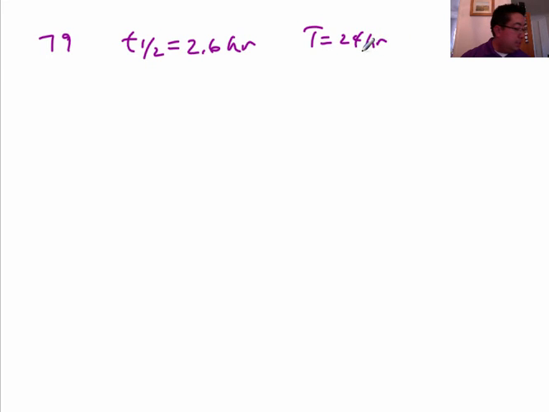The last one is 79. Manganese-56 decays by beta emission, has a half-life of 2.6 hours. So the half-life is equal to 2.6 hours. How many half-lives are there in 24 hours? So if T equals 24 hours, what is the number of half-lives? That's basically asking you what N is equal to.